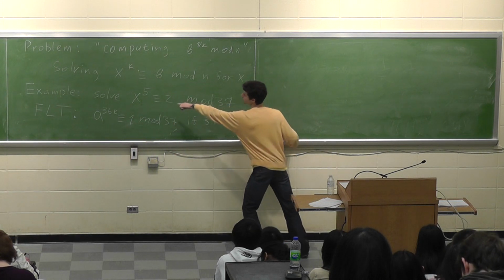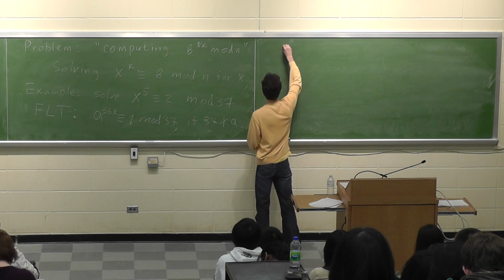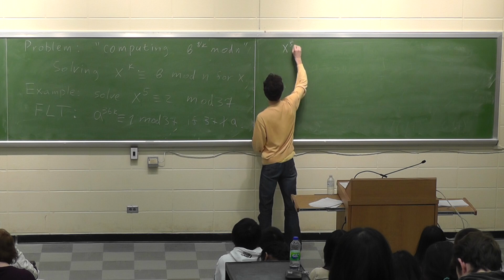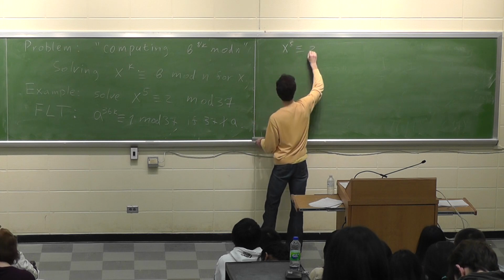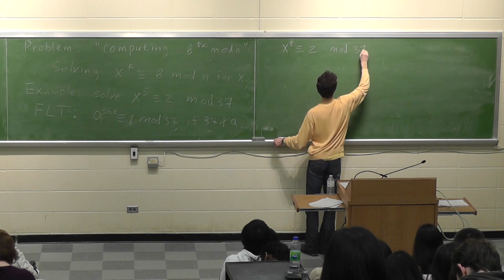So let's use it to rewrite this equation in a slightly different way. So x to the power 5 is congruent to 2 modulo 37.